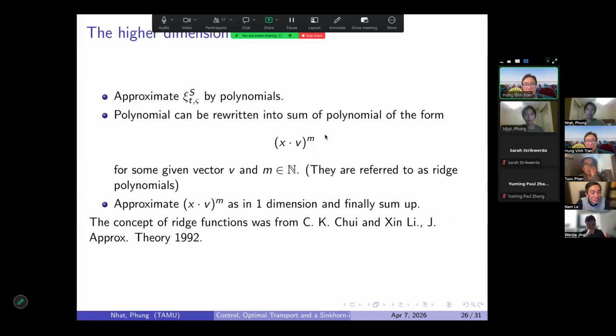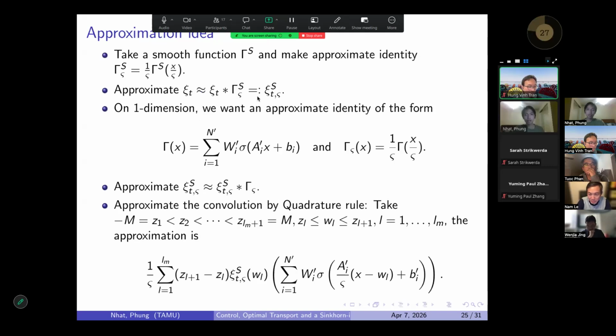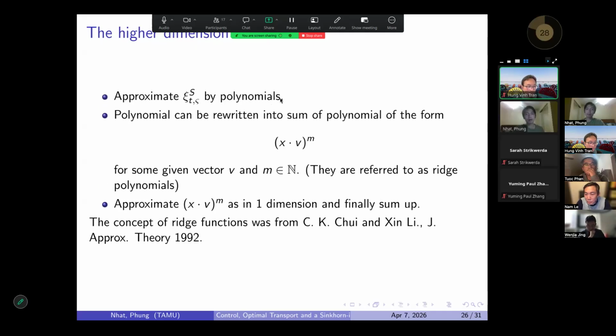And so actually before us, Chui and Li already succeeded with the Dirichlet functions in 92. So after they have the smooth vector field in here, they can approximate it by polynomials, and then with polynomials they can solve a linear system to write the polynomial into the finite sum of this form.